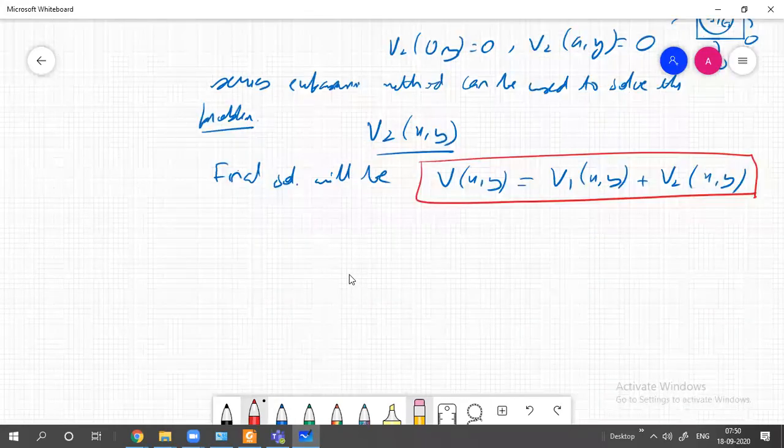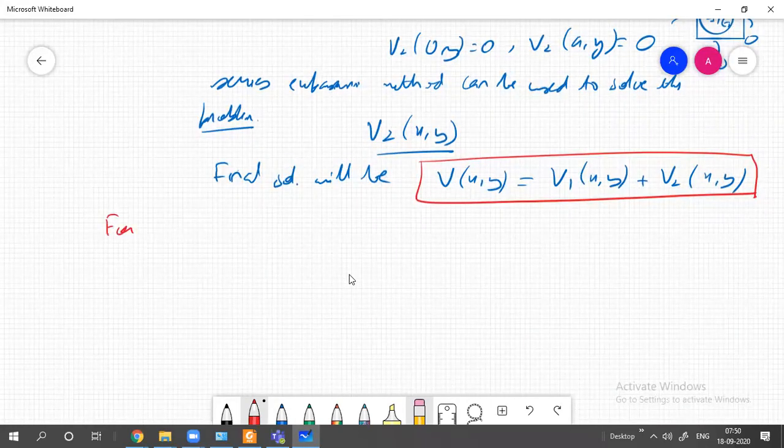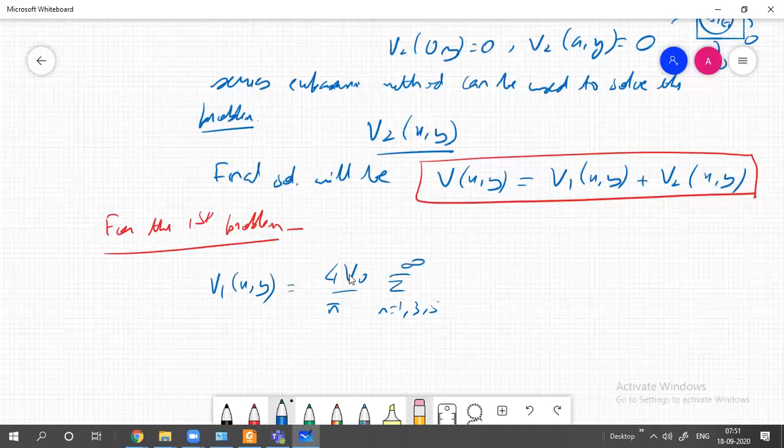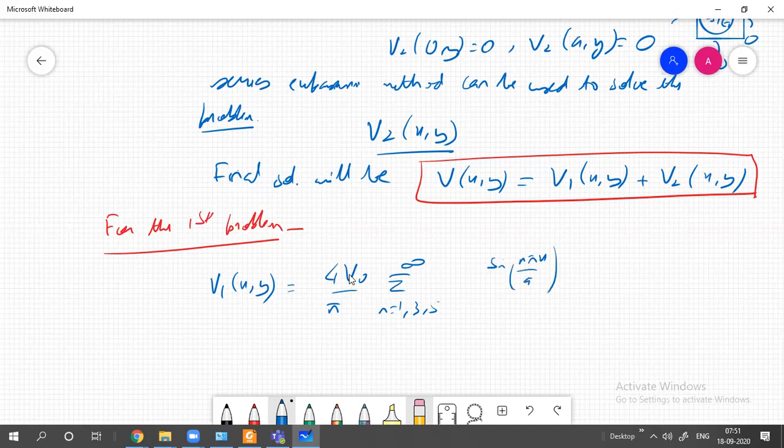For the first problem, V1 of xy is 4 V naught over pi, summation over n equals 1, 3, 5 to infinity, of sine of n pi x by a, sine hyperbolic n pi y by a, over sine hyperbolic n pi b by a. This we have already solved.